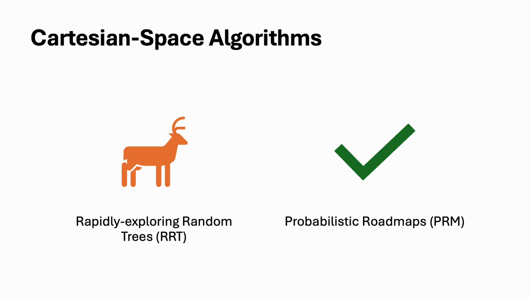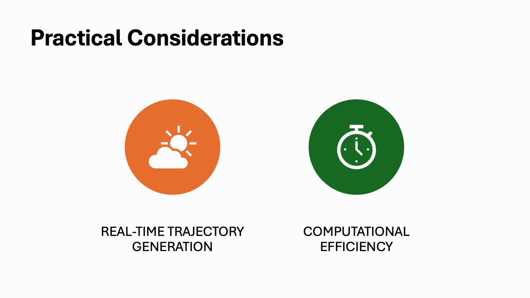Cartesian space algorithms are rapidly exploring random trees, or RRT, and probabilistic roadmaps, or PRM. I suggest you look into this also in Google Scholar to find a little bit more in depth as your own study at home.